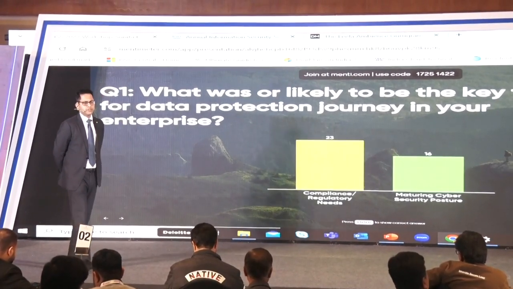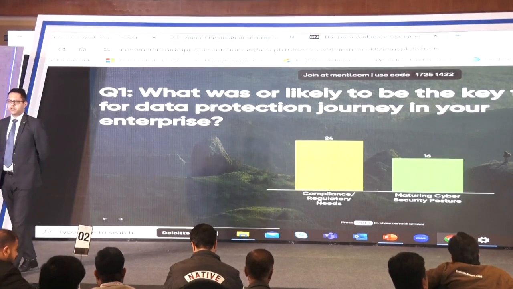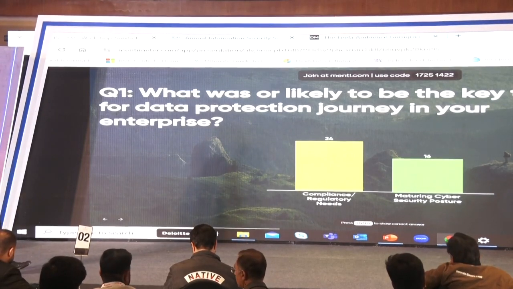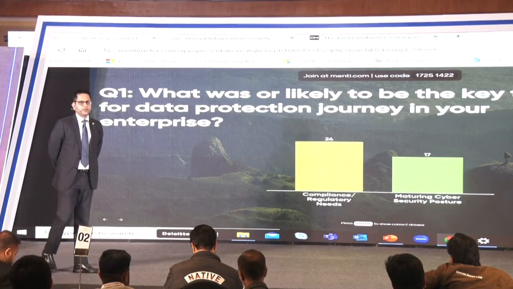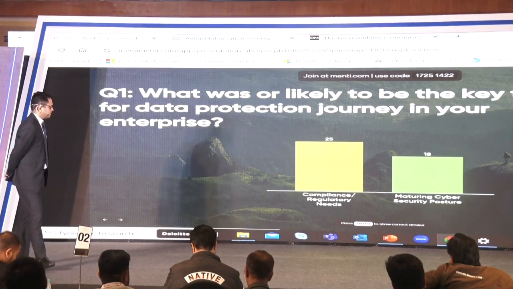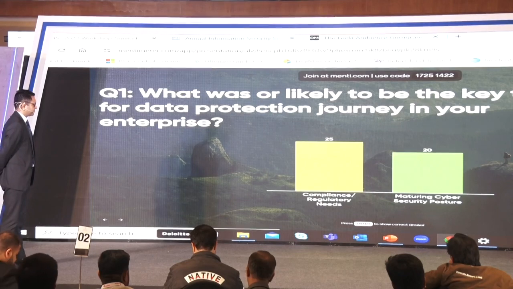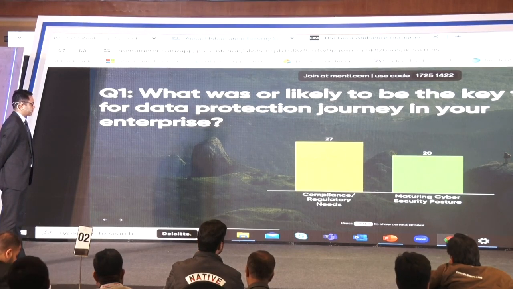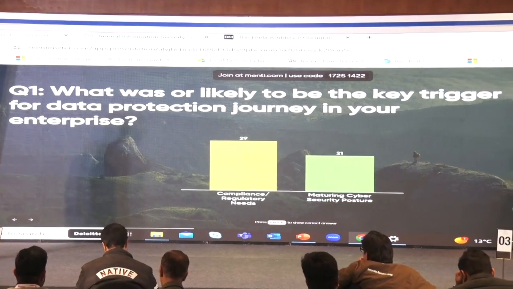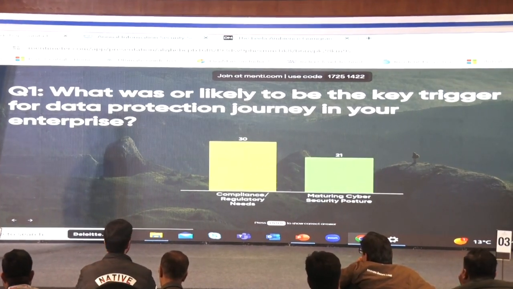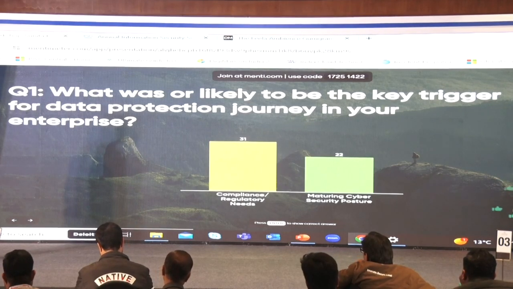Is it a proactive measure of securing and maturing our existing cybersecurity posture, or you believe a compliance and regulatory push is going to be the real driver for you to do the needful? About 50% of the participants have registered and done it. I'll request others also to share their thoughts.